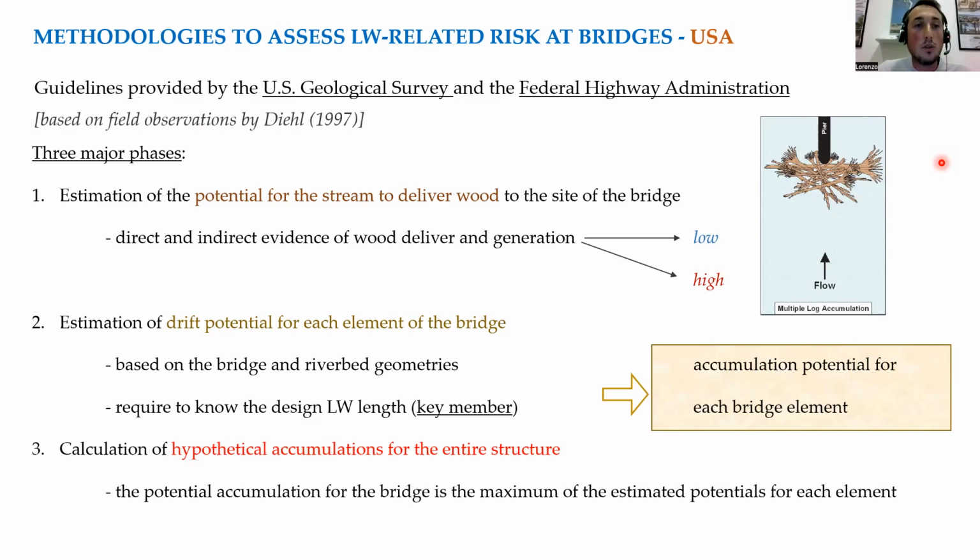Then we can move to the estimation of the drift potential, and in this case by considering the large wood length that comes from surveys in the woods. And the final 3rd phase is the calculation of the hypothetical accumulation for the entire structure that comes from phase number 2.